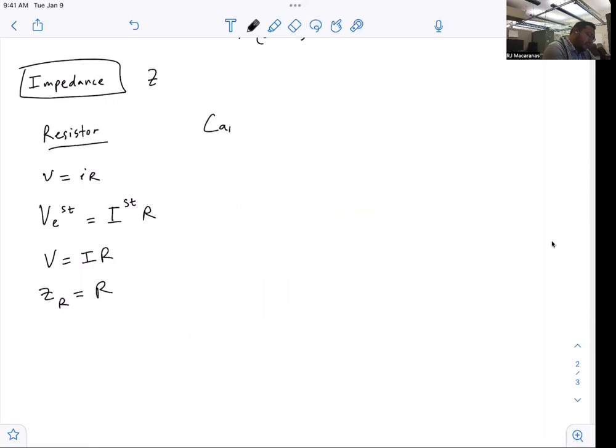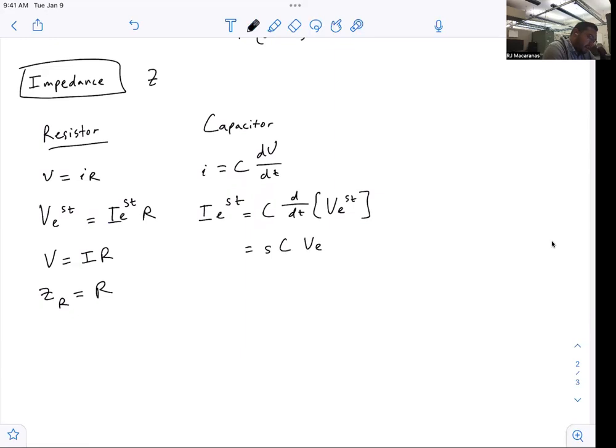Then taking a look at a capacitor, we've got a similar deal. I is C dV by dt. If we replace V and I with I e to the st and V e to the st, then we can figure out the impedance of a capacitor.